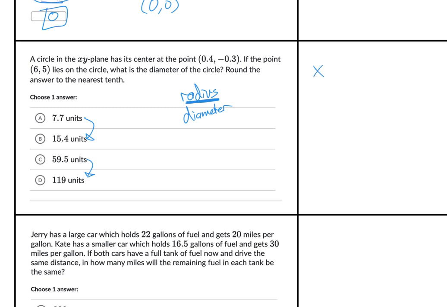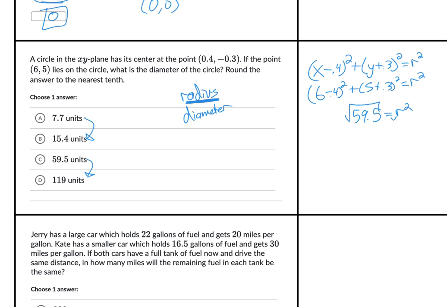So (x minus 0.4) squared plus (y plus 0.3) squared equals r squared. Okay, so what this means is I'm going to put in (6 minus 0.4) squared plus (5 plus 0.3) squared, and that equals r squared. So what I got was 59.5 equals r squared.